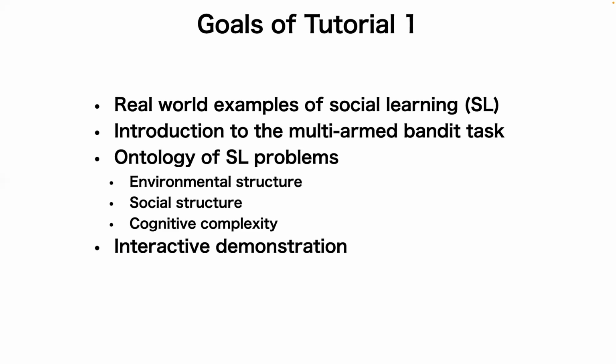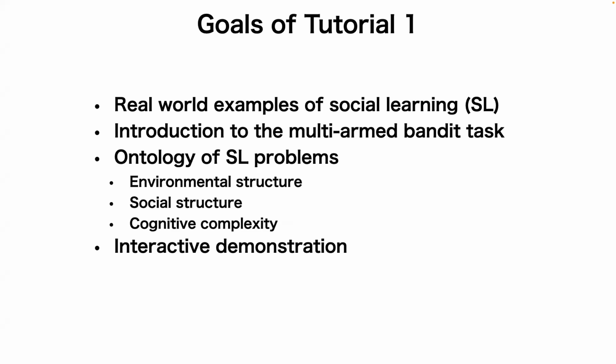So here the tutorial goal is to invite you to this world of social learning, and also to understand complicated issues related to social learning. We'd like to start from the very basic decision-making problem, which is called the multi-arm bandit task.